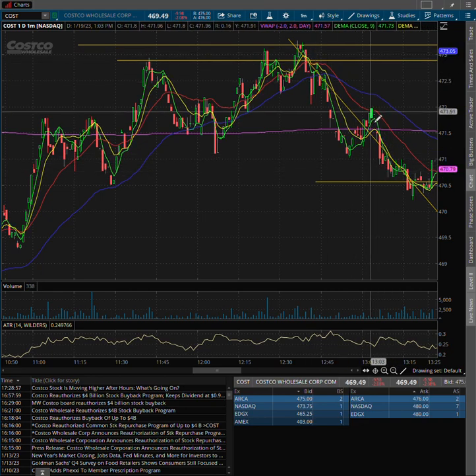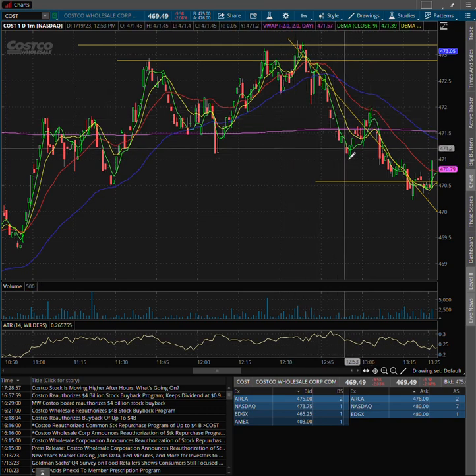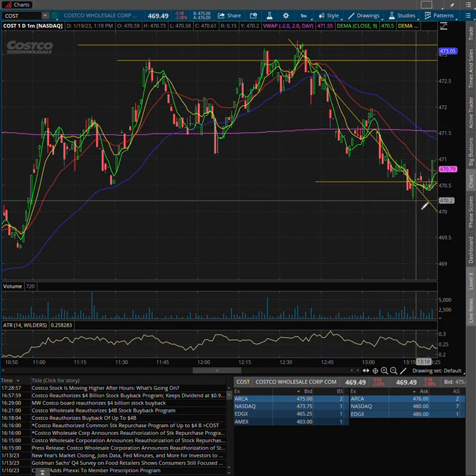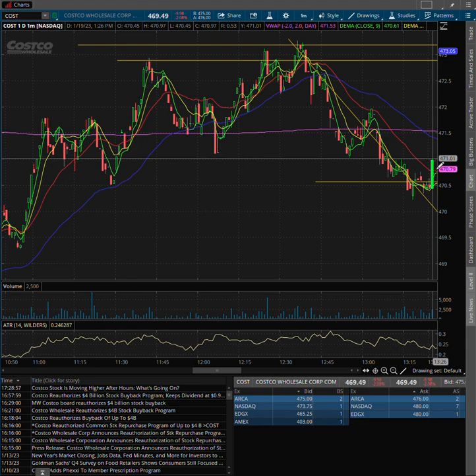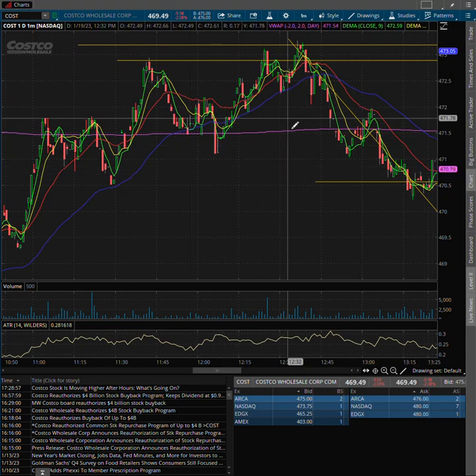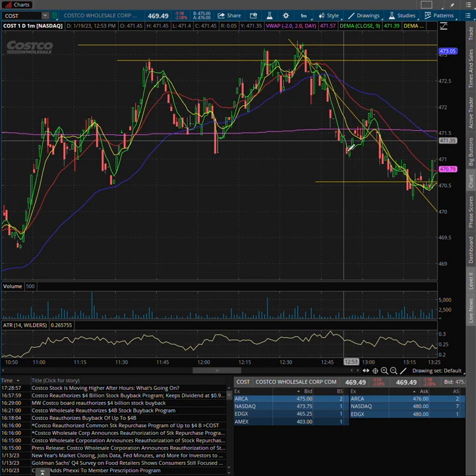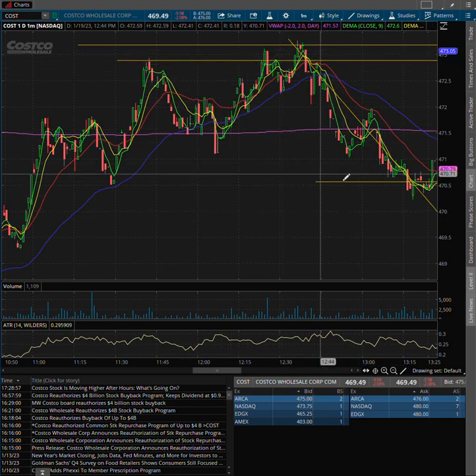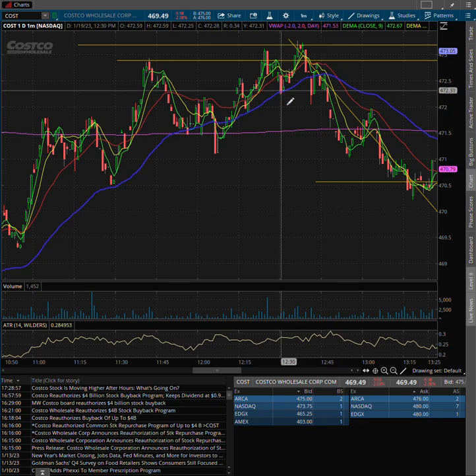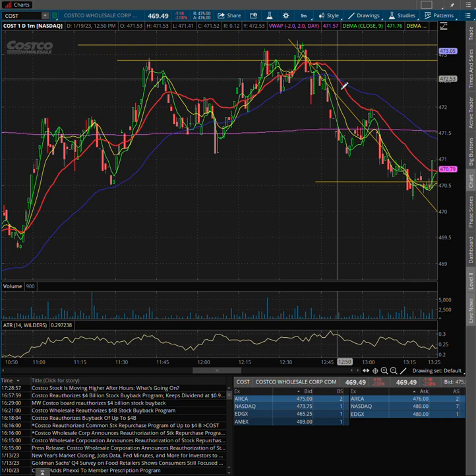So lower high, lower low, lower low, lower low, lower high. So this is essentially a reason to exit. This is one reason to exit. Lower low, lower high.